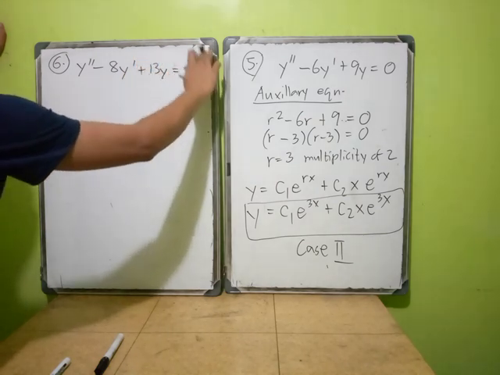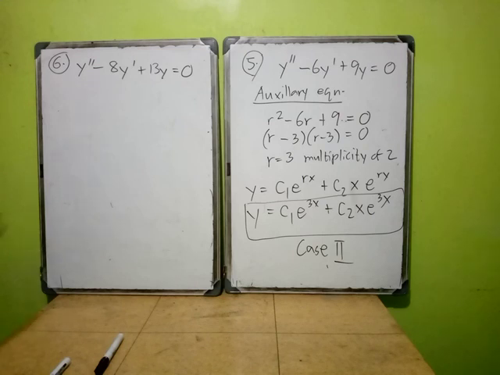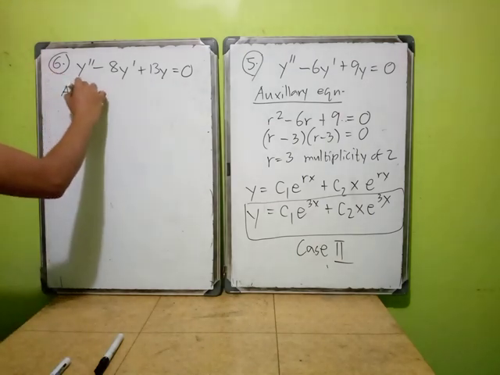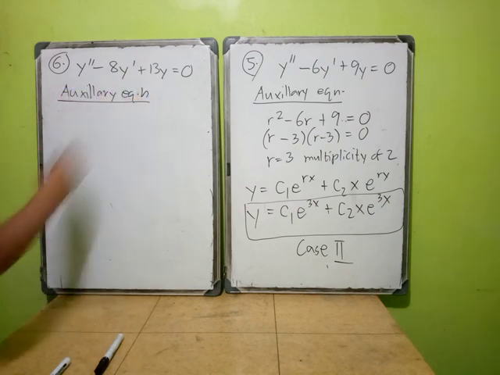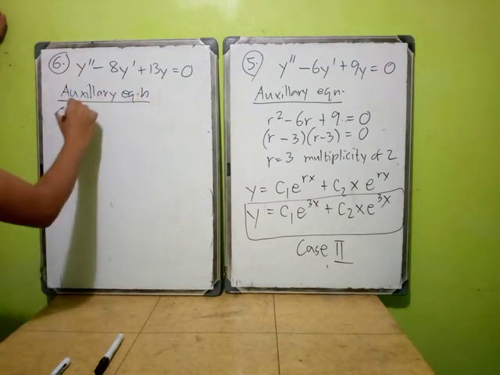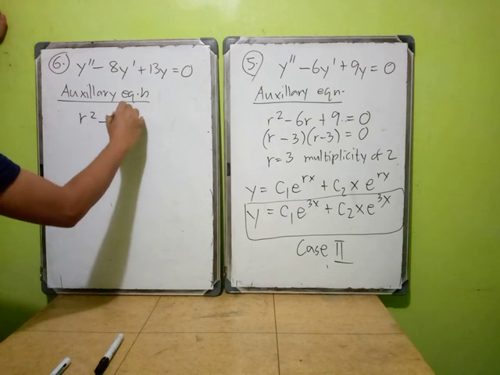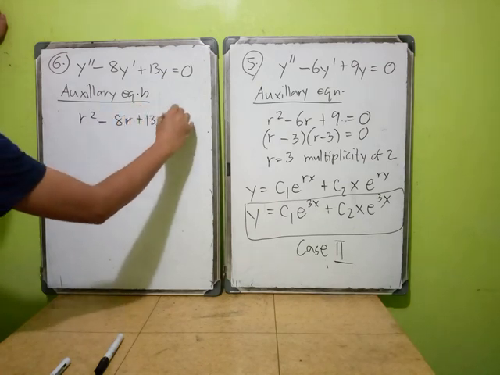So what about this problem? Okay. So the auxiliary equation for this is r squared minus 8r plus 13 is equal to 0.